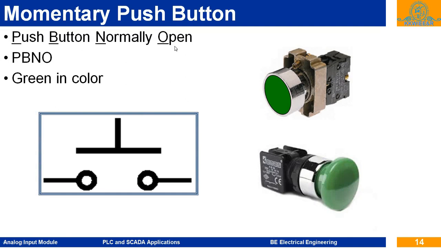Push button normally open, PBNO. Generally, normally open is shown by this symbol. These are the two poles and this is a throw. For a normally open push button, the horizontal line is placed on one side of the pole, and on the same side the vertical line is provided.